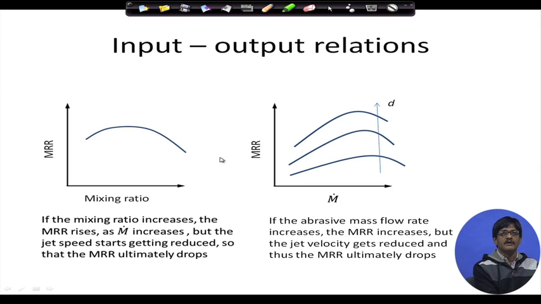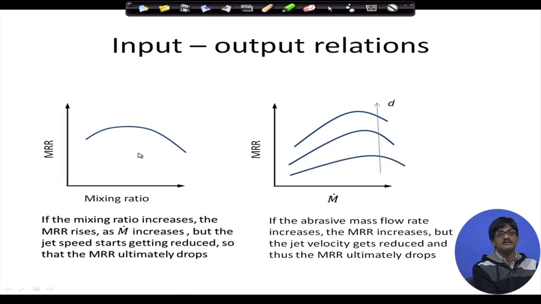This is because if the mixing ratio is changing, no doubt the mass flow rate of abrasives is increasing, but it takes its toll on the velocity of the gas jet. Why? Because the velocity of the gas jet will go on decreasing if we recall that momentum balance between the gas jet and steady abrasives, which are in steady state, not moving.